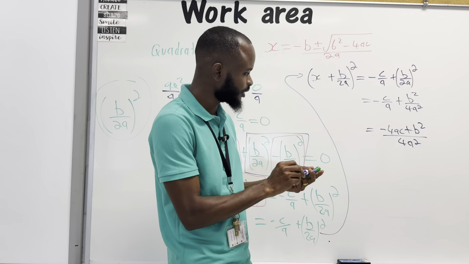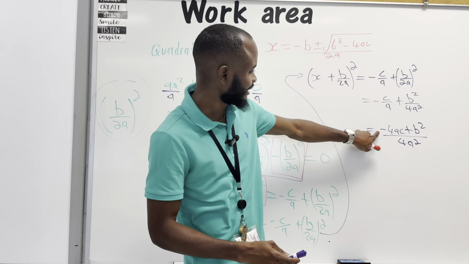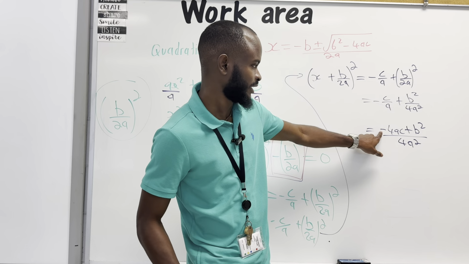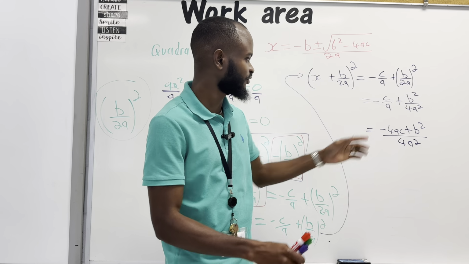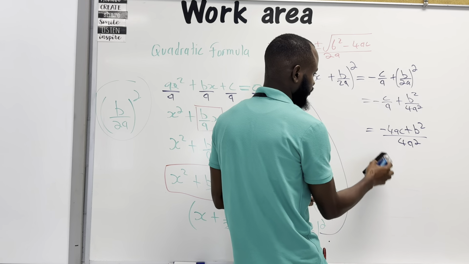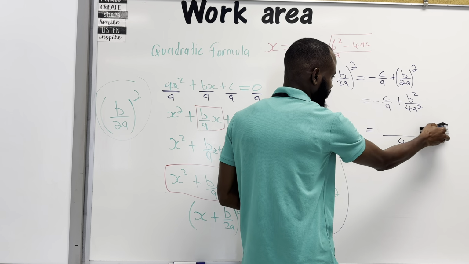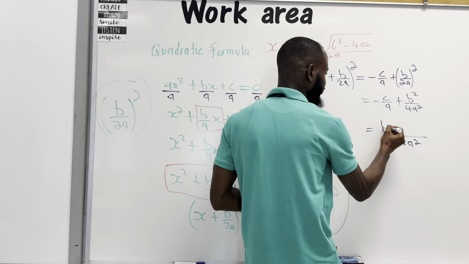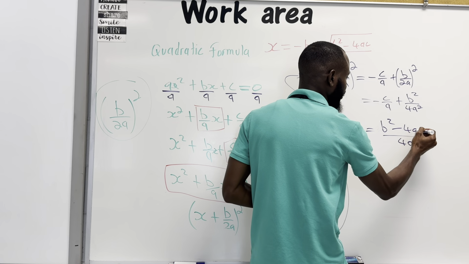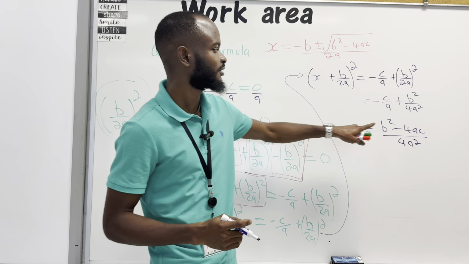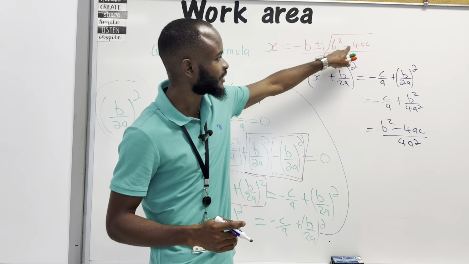And what I'm going to do here in the numerator of this fraction, I'm just going to switch this around so that we don't have the negative out front, right? So we're going to put the negative over to the right and b squared out front. So we're going to have b squared minus 4ac up top. Nice. And you can see that in the numerator here, it looks like that.